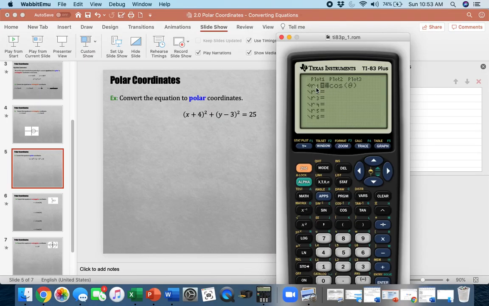So again, as soon as I went to r, I realized, oh crap, I can't put r squared in there. So I have -8 cosine theta plus 6 sine theta, and I hit graph.